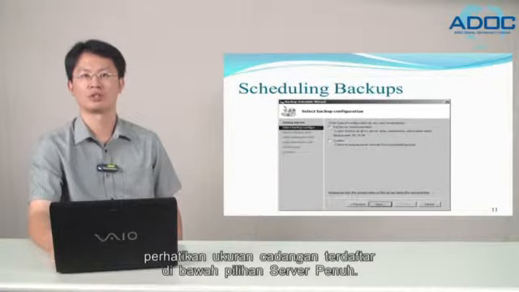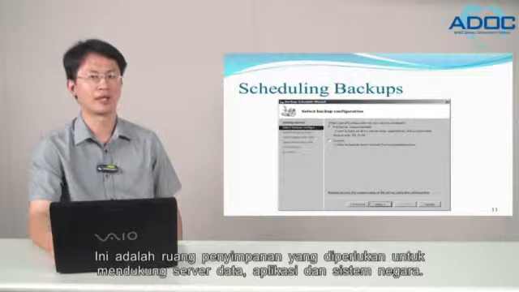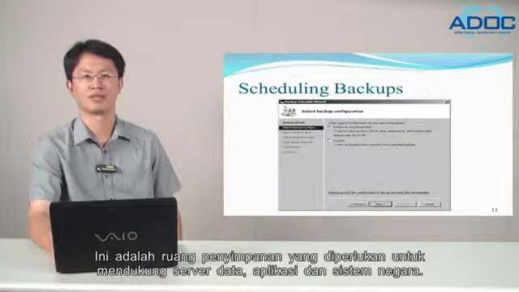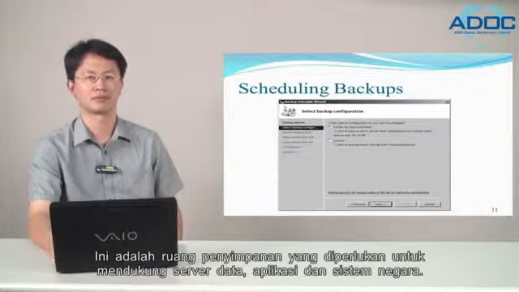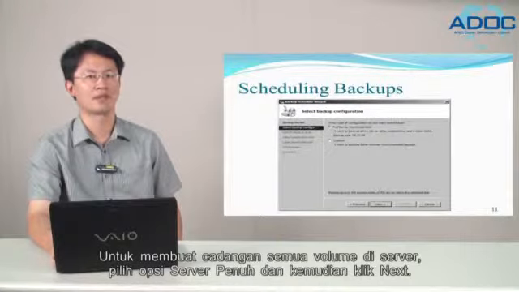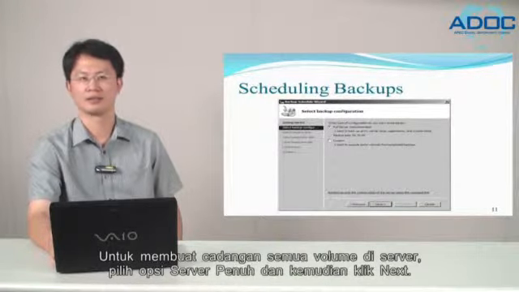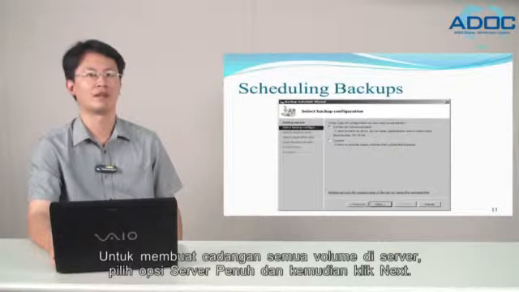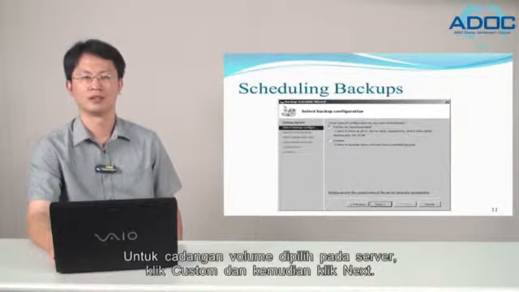This is the storage space required to back up the server data, applications, and the system state. To back up all volumes on the server, select the full server option and then click Next. To back up selected volumes on the server, click Custom and then click Next.